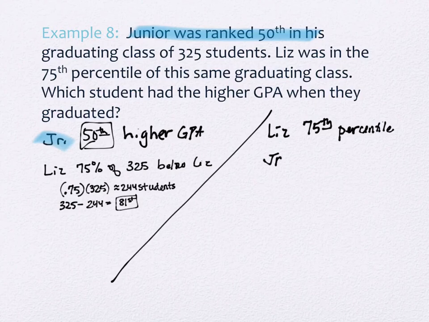Junior is ranked 50 out of 325. His percentile is the percentage of the student body that is lower than his GPA. How can I figure out what percentage of the student body has a lower GPA than his?